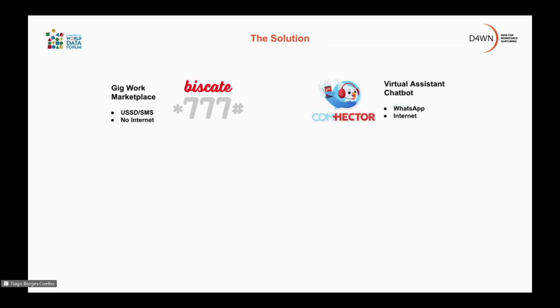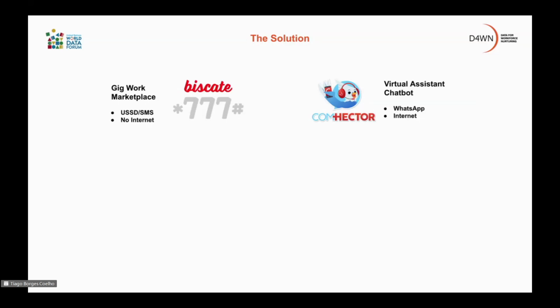Okay, so what is our solution? We have this platform that uses mobile legacy systems like USSD and SMS. So it allows users with no internet, with basic mobile phones, or with internet and smartphones to access this service and find work opportunities there.